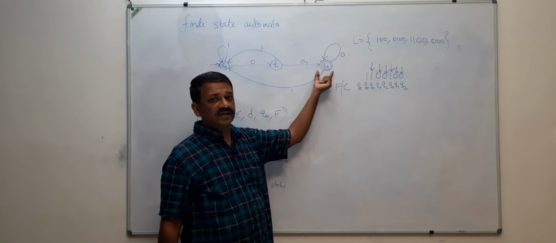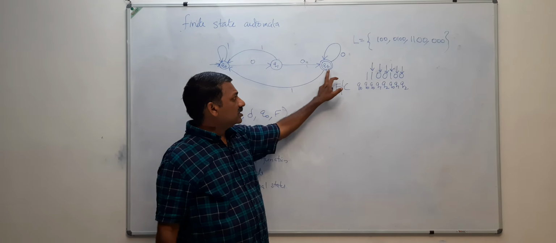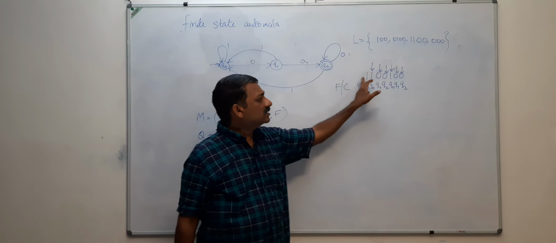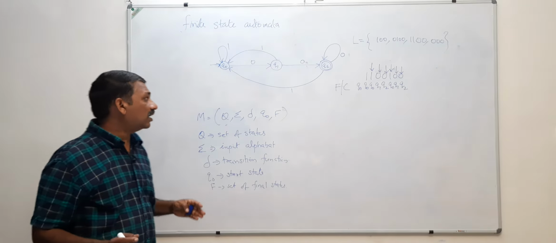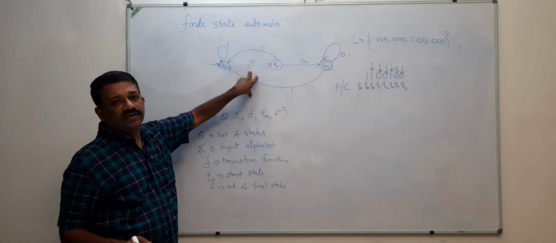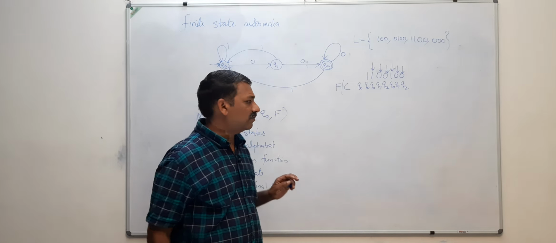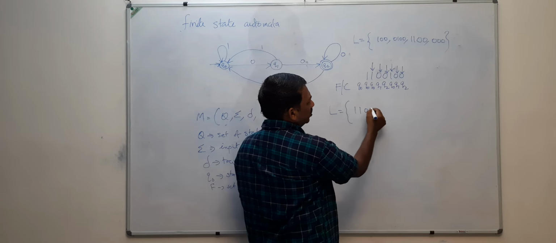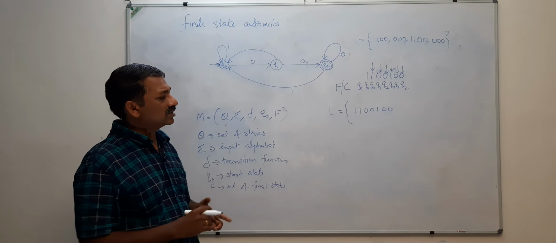Here this is a final state, represented by a double circle. That means this is a valid string according to this finite automaton, a string in this language. So our language contains 1100 100, and now we can test this using some other examples.